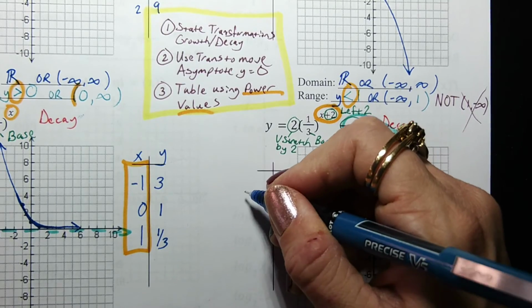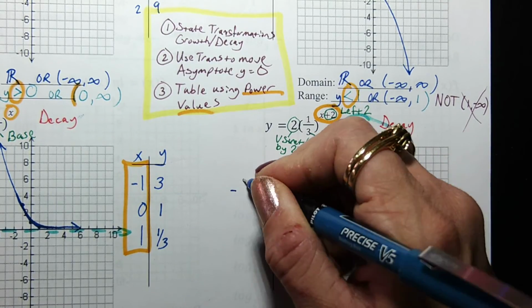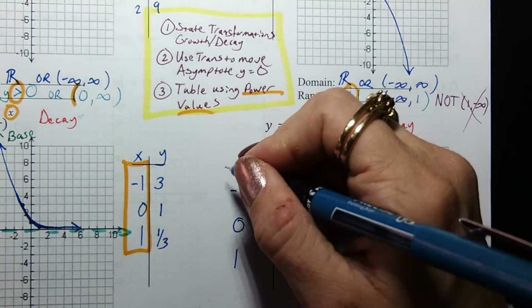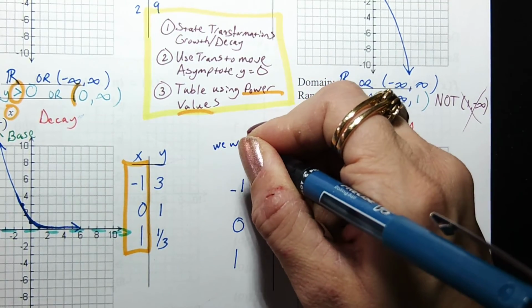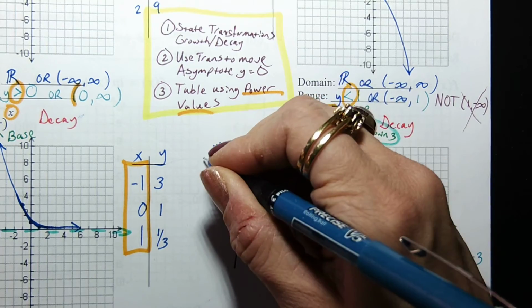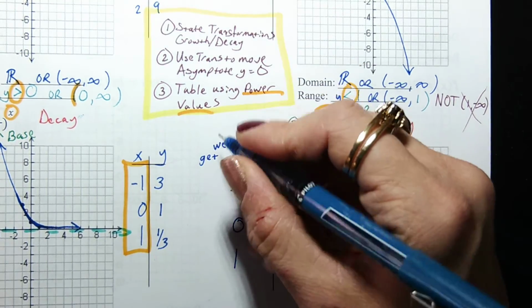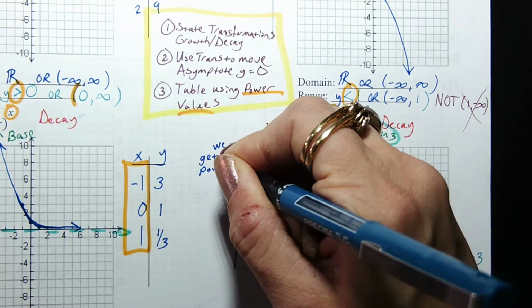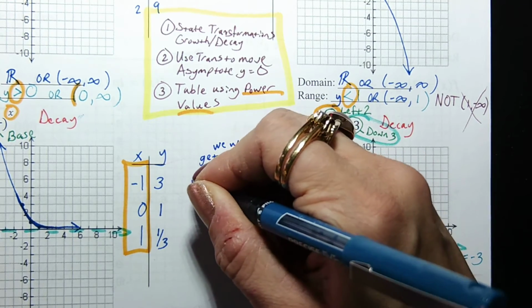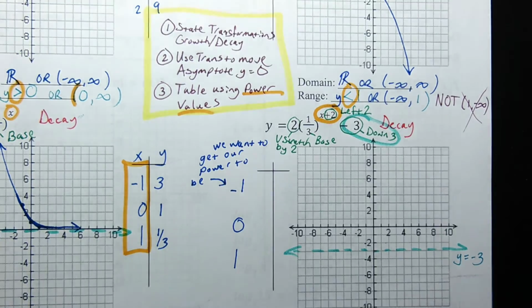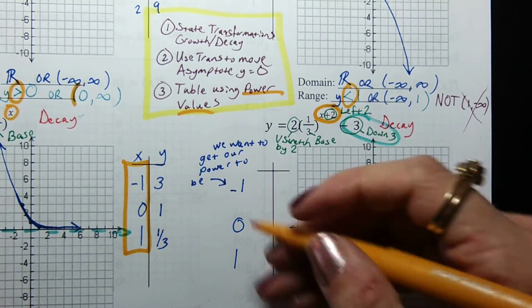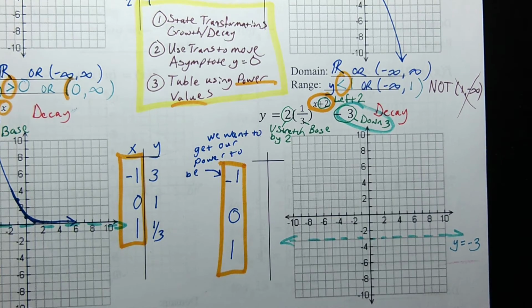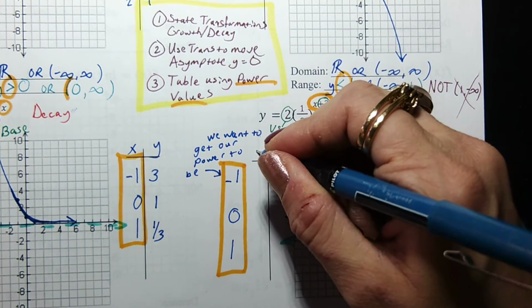So to the side of your table, I want you to write -1, 0, and 1, and write we want to get our power to be these values, by choosing different x values.